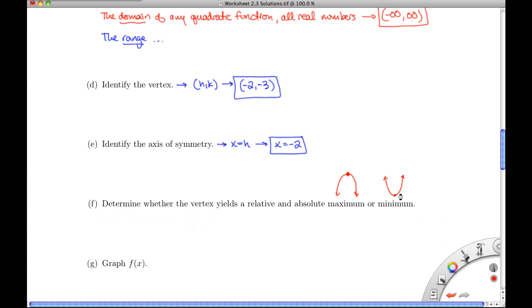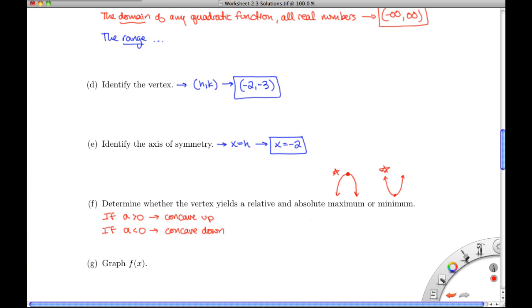So determining whether our parabola is concave up or concave down will let us make this decision. And what we look to is the lead coefficient to make this determination. So we know that if our a is positive, then our parabola is concave up. It means that it opens upwards like this one. Whereas if our a, our lead coefficient, is negative, then it is going to be concave down, like this one.